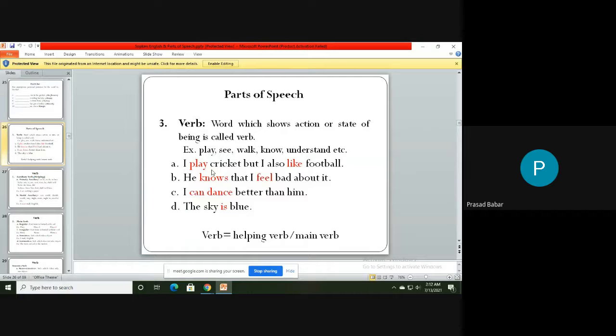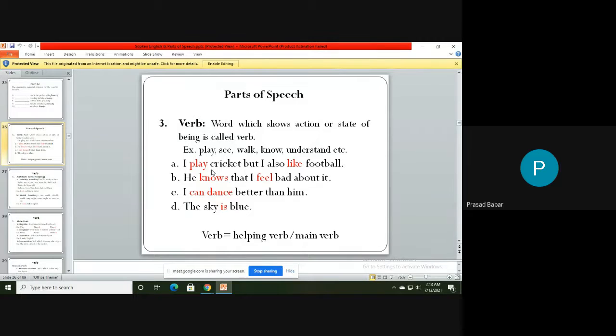Okay. So let's move towards the first example. I play cricket, but I also like football. Identify the verbs in this sentence. You can easily identify those because they are marked in red ink.